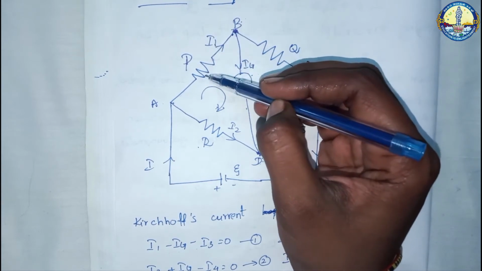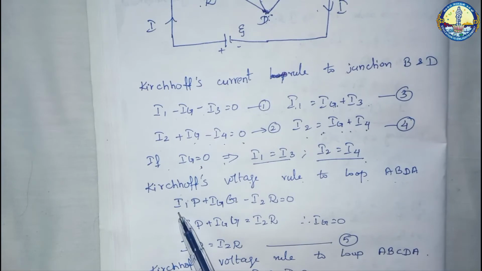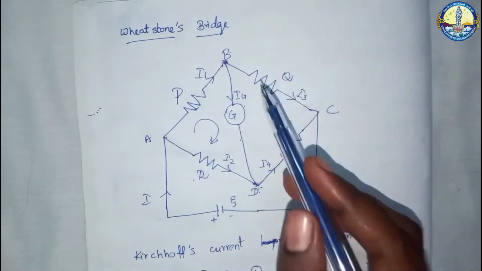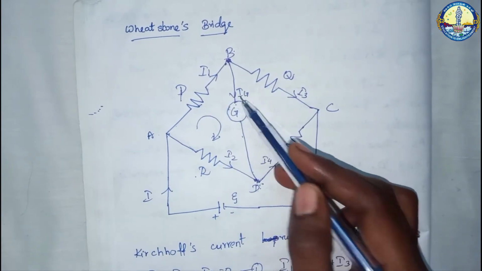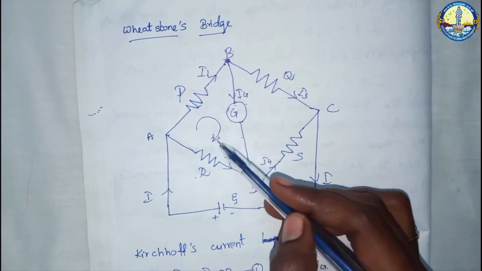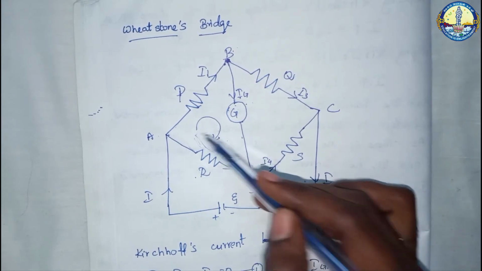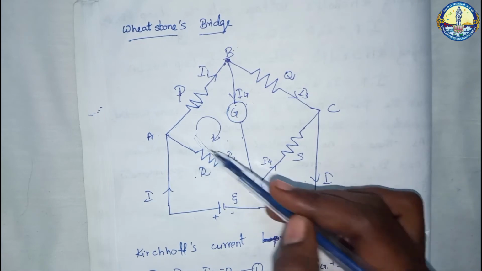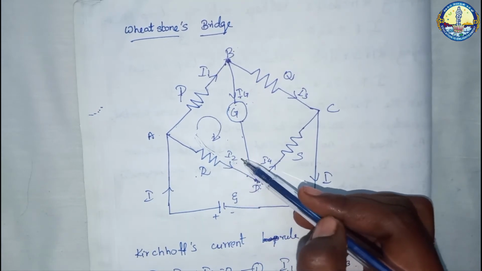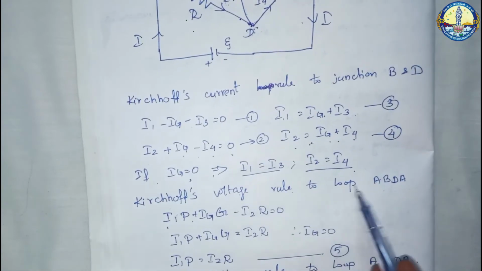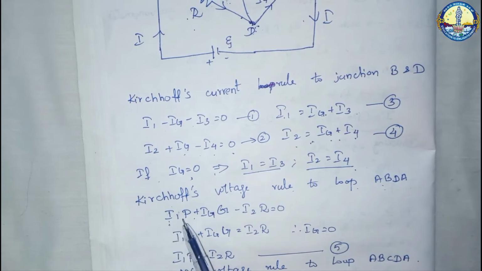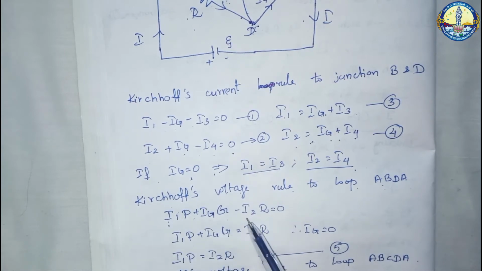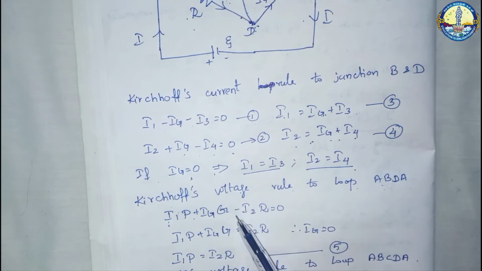So we write I1 into P, and for this loop next we are going to see Ig into G. But here we are going from this side, and the current direction is opposite, so I2 value is minus I2R. So for the loop A, B, D, A, we can write I1P plus IgG minus I2R, since the I2 is in the opposite direction.